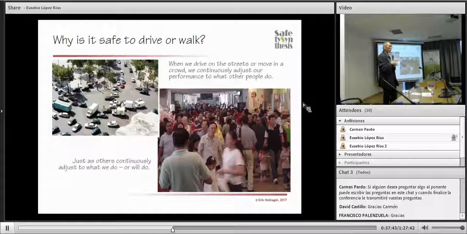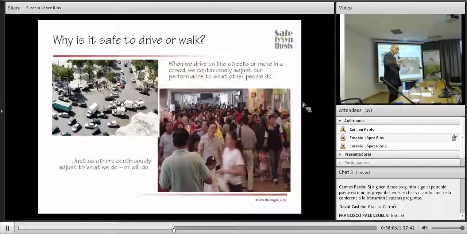But if you stop to think about it, the reason why is that the way you walk, you always see, you don't look at it, but you just see what's happening around you, and you adjust the way of walking. You don't walk in a straight line. You don't drive in a straight line.